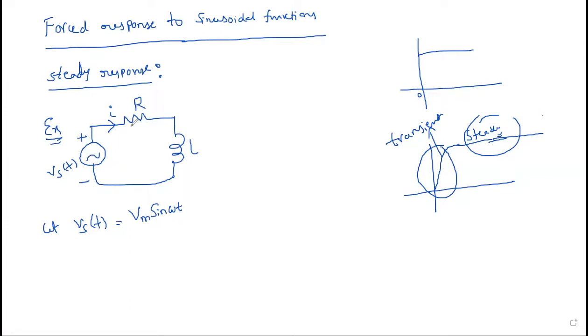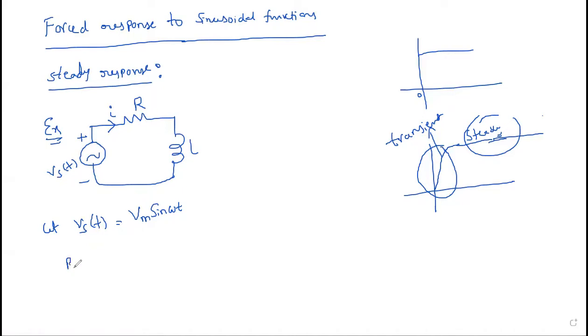Now, when the voltage is applied to this RL circuit, some current will flow through it. Since it is in series, the current passing through the resistor and the inductor are the same. So the same current I will flow through the circuit. Since it is a single loop circuit, we can write the KVL equation to get the relation between voltage and current.